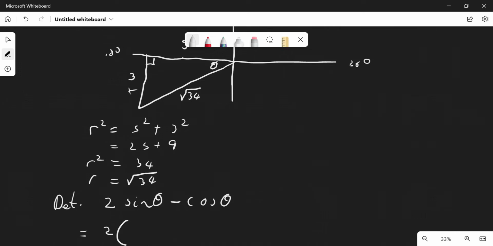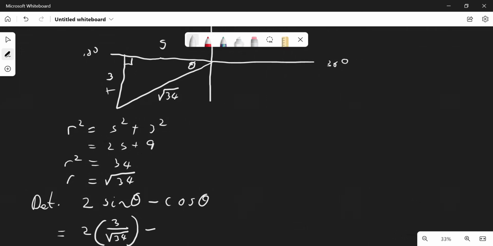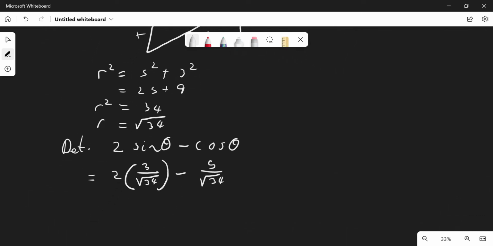Sine theta is 3 divided by root 34, so we're going to have 3 over root 34, minus cos theta, which is 5 over root 34.